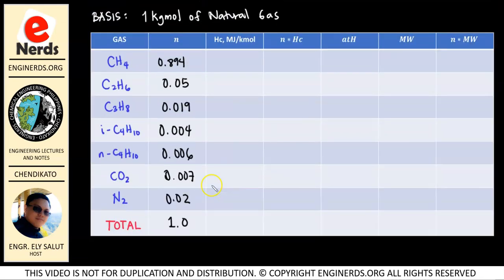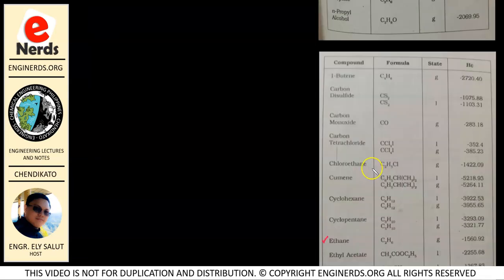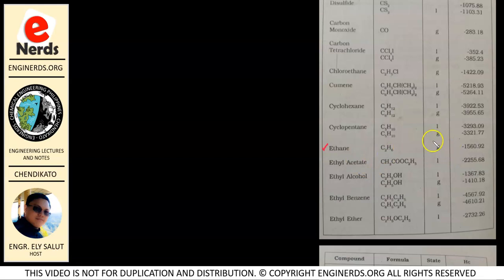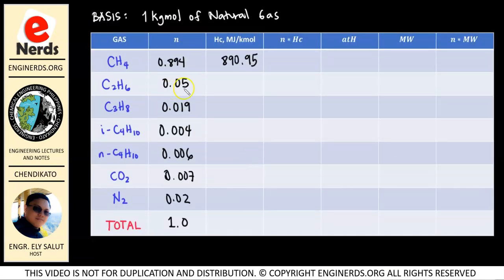So, let us write that. 890.95. And for our ethane, C2H6, in gaseous form, 1,560.92.